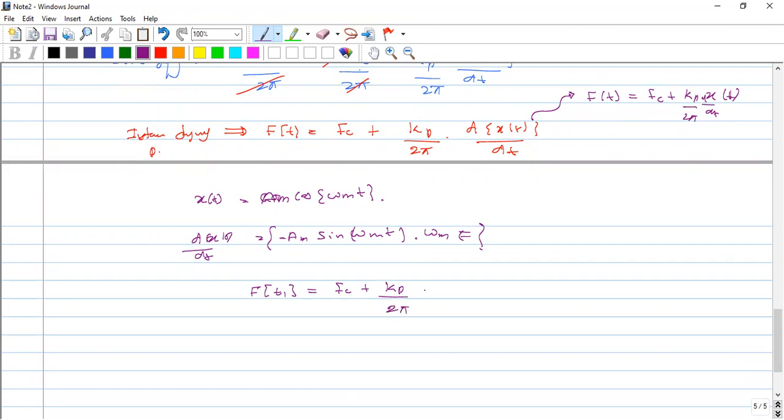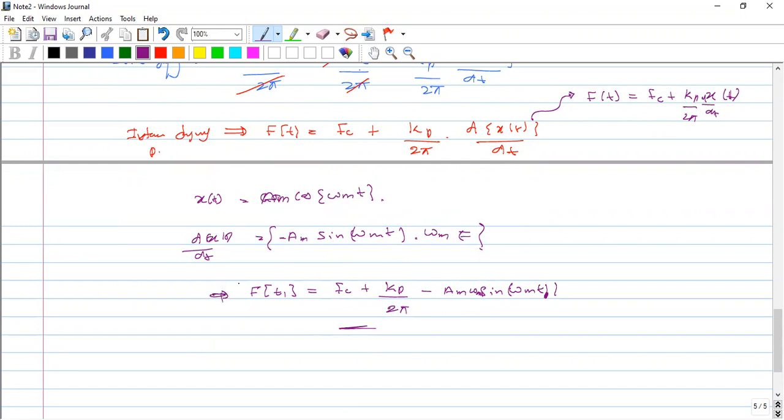So this is the derivative, Am sine omega m t, and here omega m is also there, sine omega m t1. You have to use this kind of expression to evaluate the instantaneous frequency.